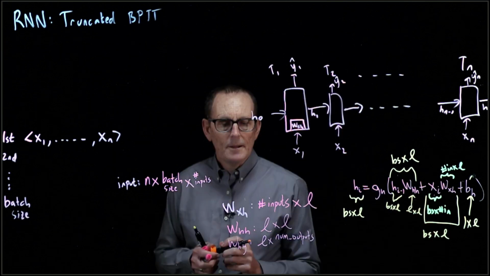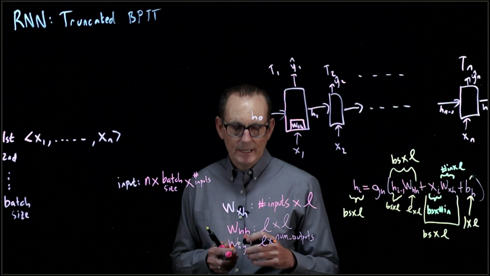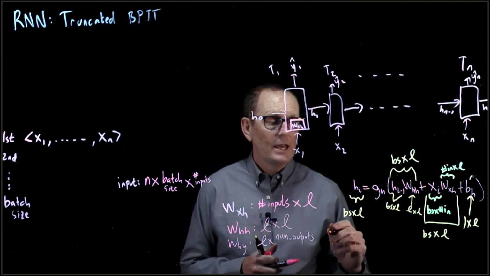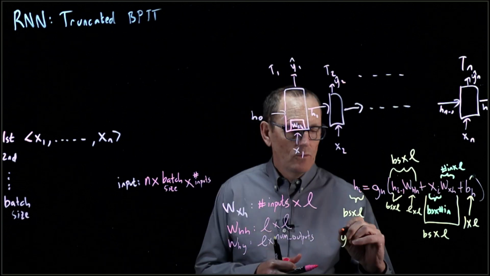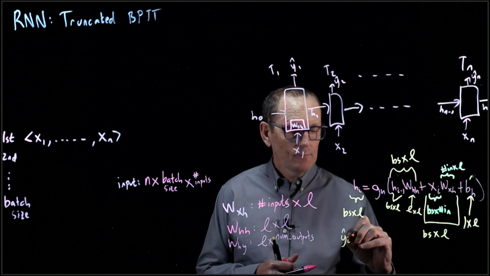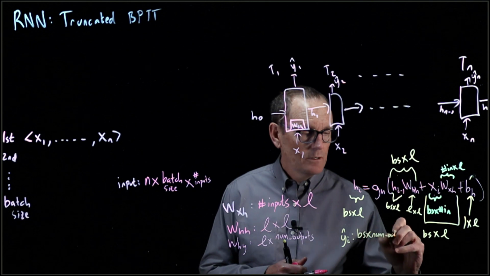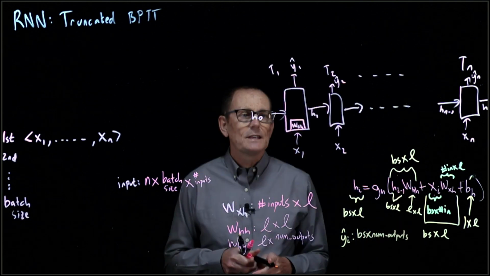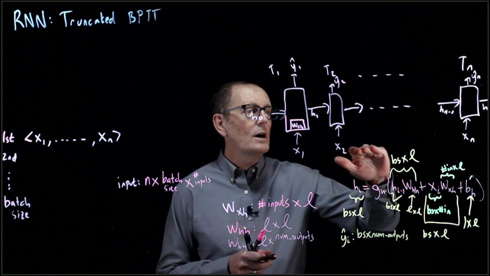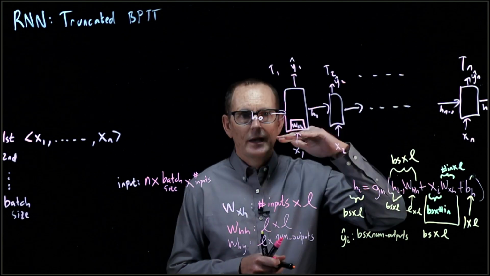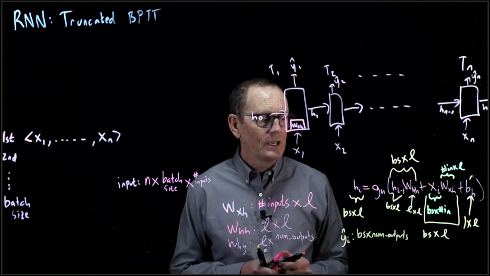If W_y is L by the number of outputs, then that says that any given y hat sub i is going to be of the form batch size by number of outputs. So we have the batch size again because we're always running through not just one sequence of x's, but a batch of sequences of x's.